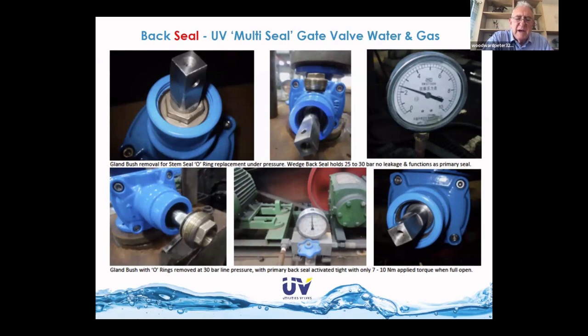What we've got here is a design where we can back seal the valve. There's a device inside the valve where we can back seal it and completely remove this O-ring gland. And if you look at the bottom right-hand corner, you'll see it's completely dry, but it's actually under 30 bars water pressure.